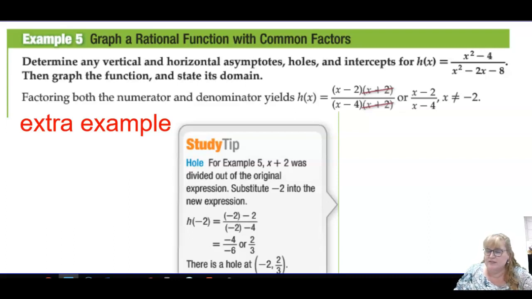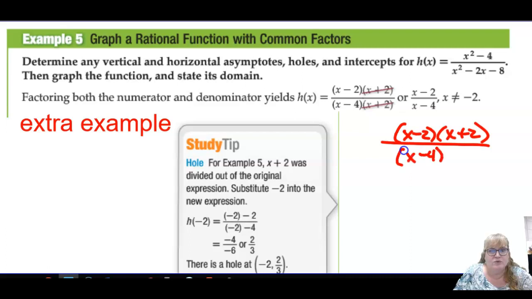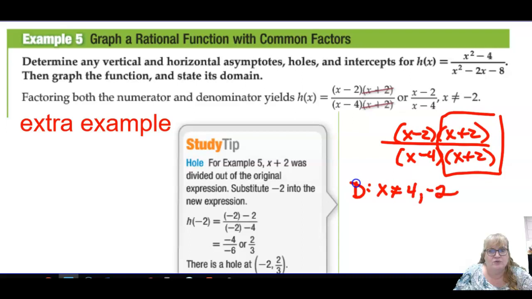Here's an extra example that you don't have. They factored the top and got x minus 2, x plus 2. They factored the bottom and it factored x minus 4, x plus 2. So there was a hole here. So you would say the domain is x cannot equal 4 or -2.